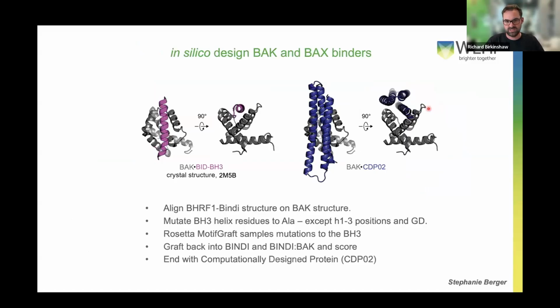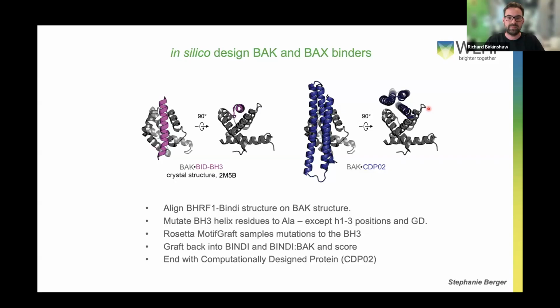So this was initiated a while ago, before these diffusion-based algorithms for protein design. So classical gradient descent methods were used, particularly in this case using Rosetta motif graft. What was done here was Stephanie took an experimental structure of BAK bound to a BID BH3 peptide, and using Rosetta motif graft is able to sample all possible mutations of that BH3 peptide in silico to optimize the binding interface.